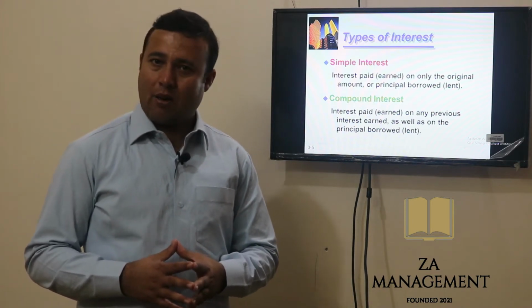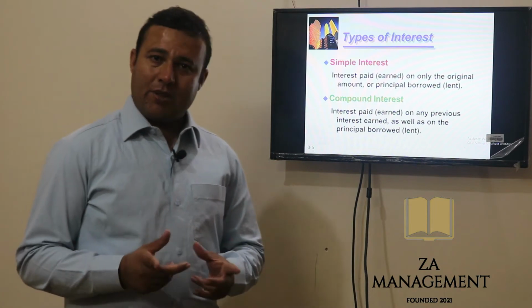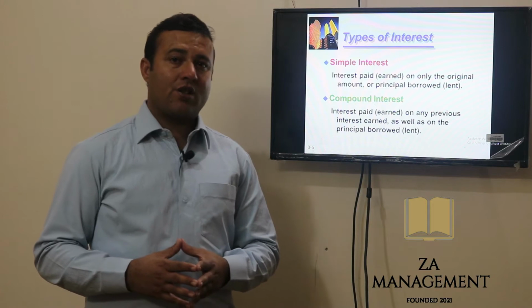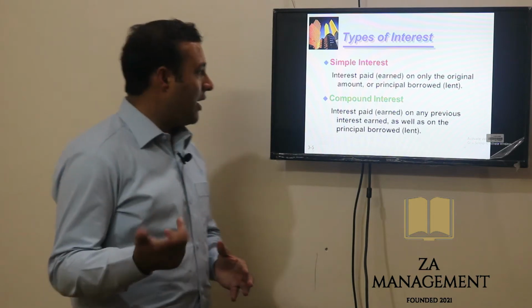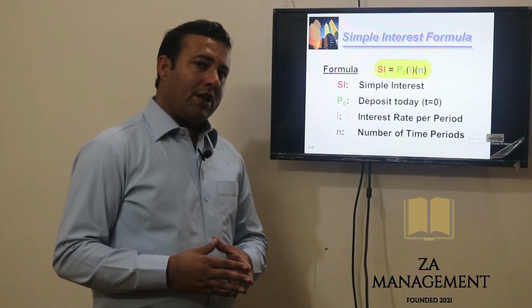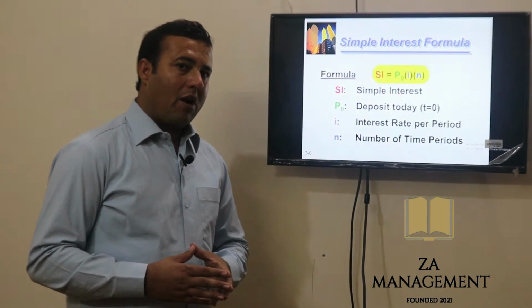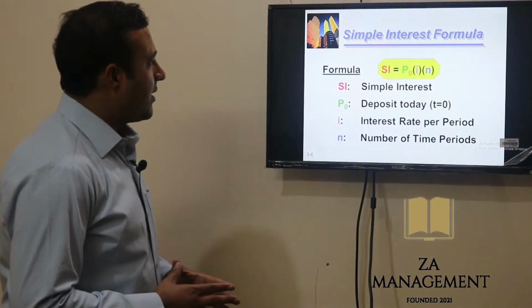So the difference between simple and compound interest is that of interest on the previously earned interest. If your investment period is a single year, simple interest and compound interest will result in the same amount.